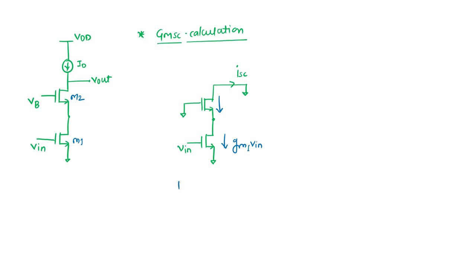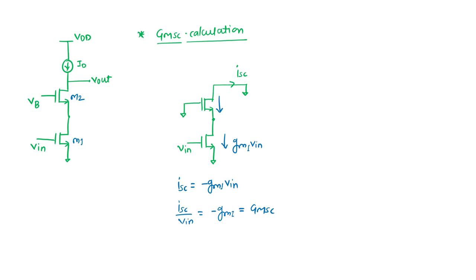So ISC is nothing but minus GM1 V in, and ISC by V in is minus GM1, the short circuit transconductance. So if the Cascode device is there, the short circuit transconductance seen at the output is simply the transconductance of the input device, GM1.